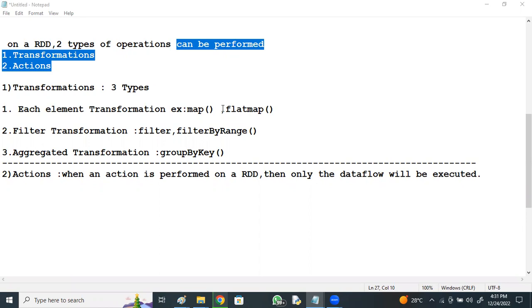Filter transformation is based on a condition, such as filter based on city, filter based on department number, or some particular condition. Aggregated transformations mean groupings and aggregations. So when an action is performed on an RDD, then only the data flow will be executed from the root RDD.